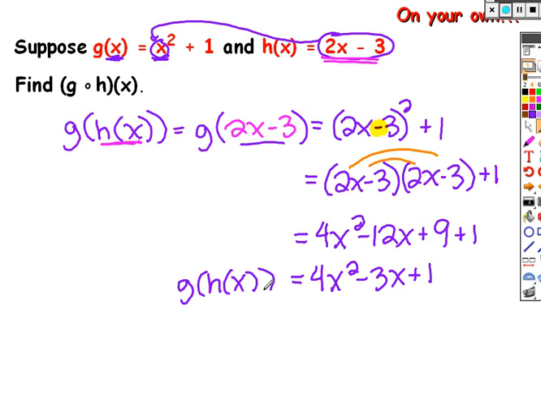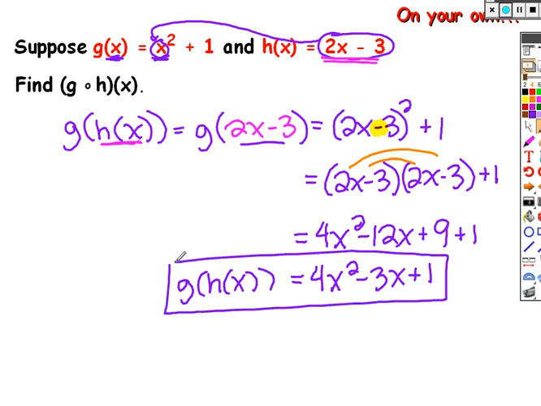So this is my composite function. Oh, excuse me. Sorry. It might help if I combined my like terms correctly. Okay, so sorry. Negative 12x plus 10. Does that look a little better, hopefully?